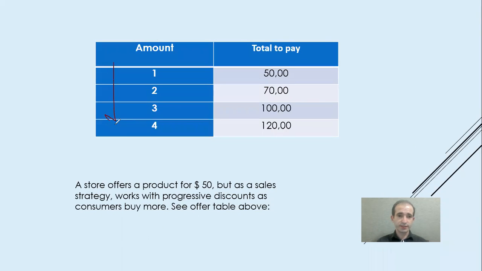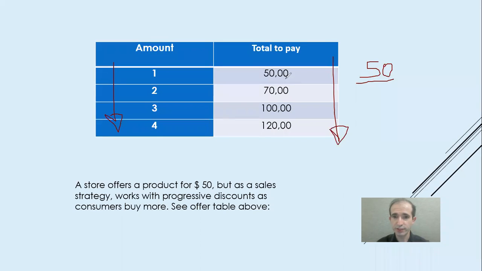We notice that both pieces of information are increasing. In this case, we are going to test if they are directly proportional. I'm going to try to do the division between the values.